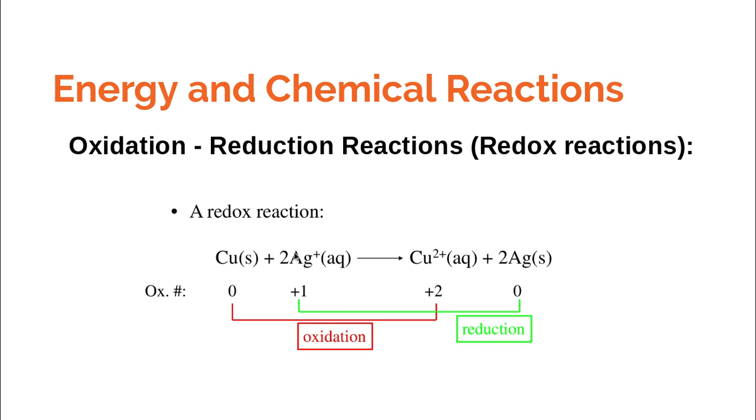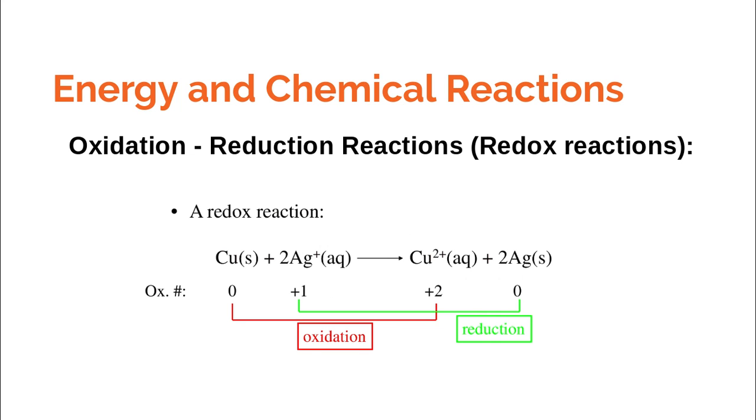It was missing electrons, but it actually stole those electrons from copper and took them for itself. So here, copper was oxidized because it lost electrons, and silver was reduced because it gained electrons and became a solid. So those are 2 examples.